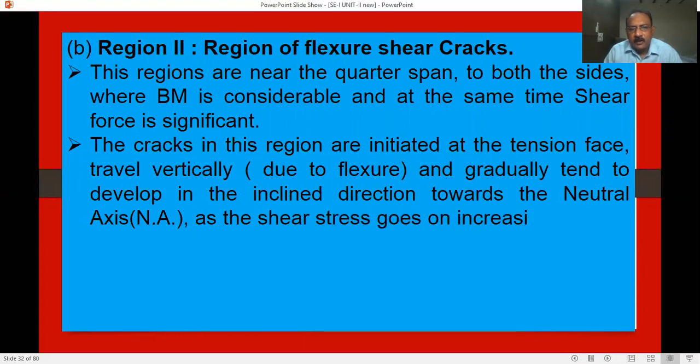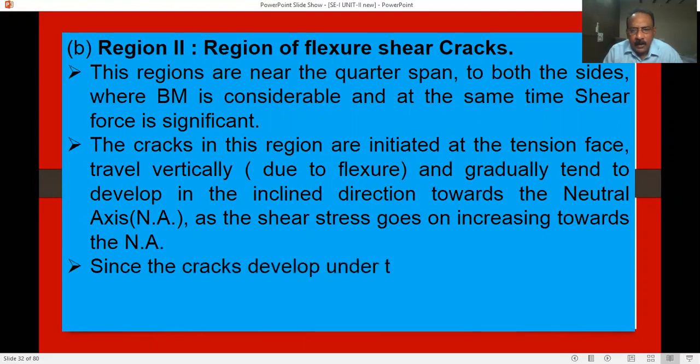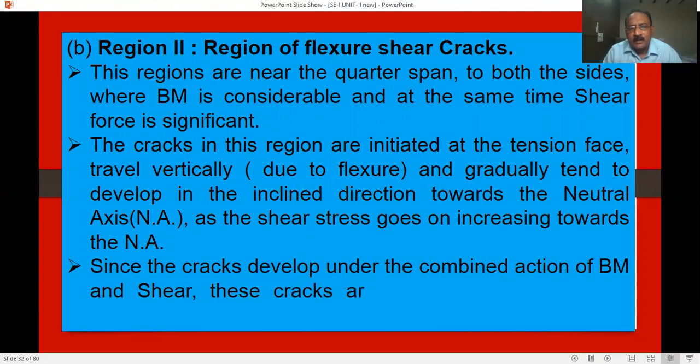If you leave the quarter from the center, you will have type 2 cracks. In these regions near the quarter span on both sides, the bending moment is considerable, not maximum, but considered, and at the same time the shear force is also significant.